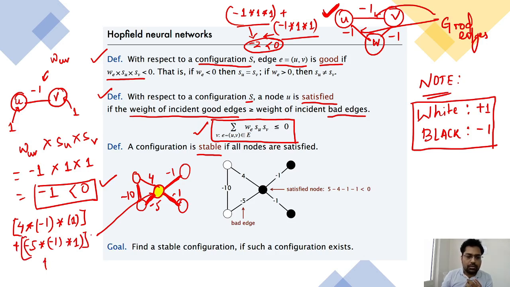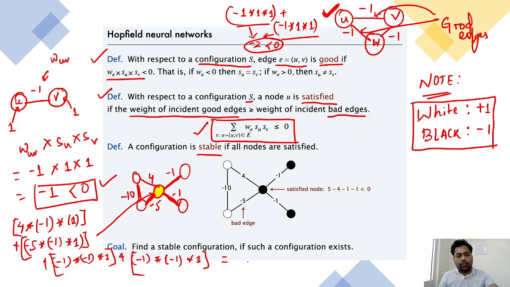Next plus, -1 into -1 into 1, and -1 into -1 into 1 again. So the total calculation you are getting is 4 minus 4 plus 5, then plus 1, then plus 1.